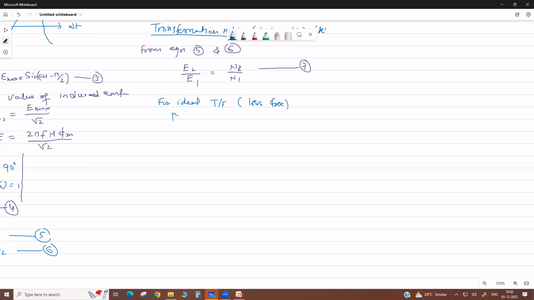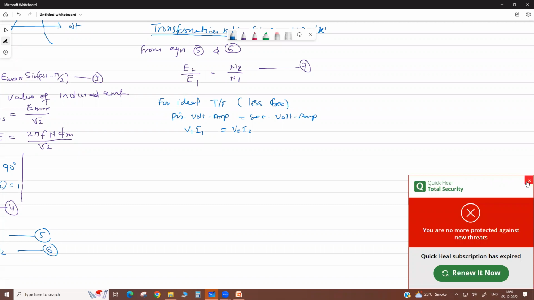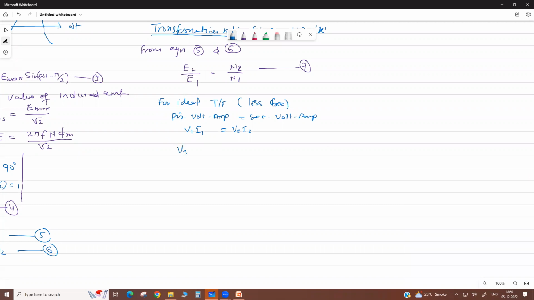So primary volt ampere, or kVA, equals secondary kVA, meaning V1 I1 equals V2 I2. Then V2 by V1 equals I1 by I2. This is equation 8.